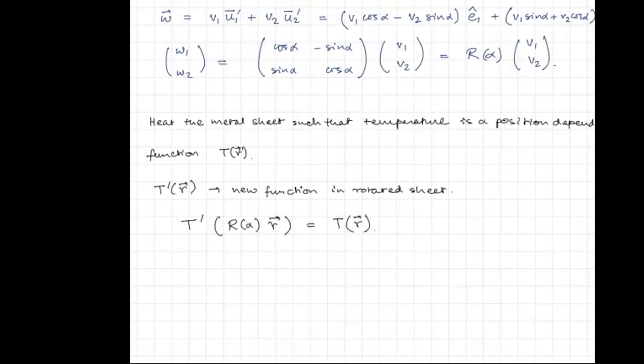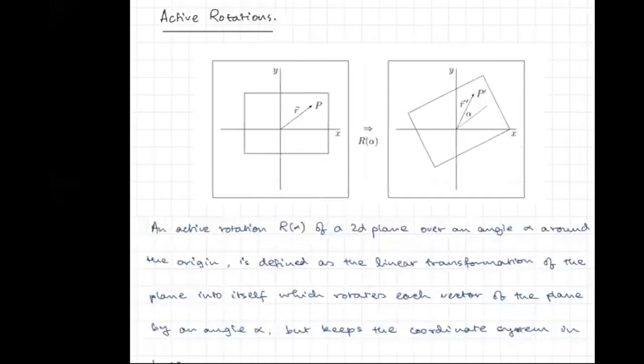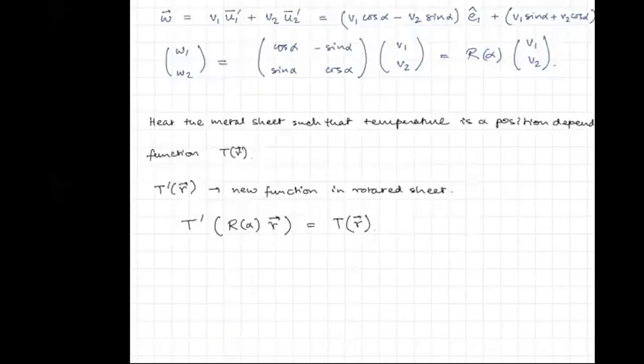So this is going to represent the same point in terms of the sheet that we have out here. This marked point stays the same, so the temperature at this marked point stays the same, but it is represented by two different functions. So what do you have?